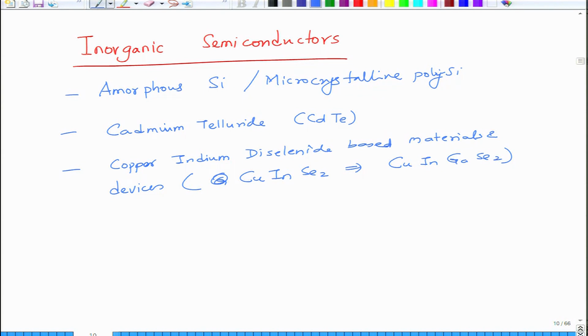So we will see that later. As I suggested earlier, the books you can read are Thin Film Solar Cells by K.L. Chopra and S.R. Das.